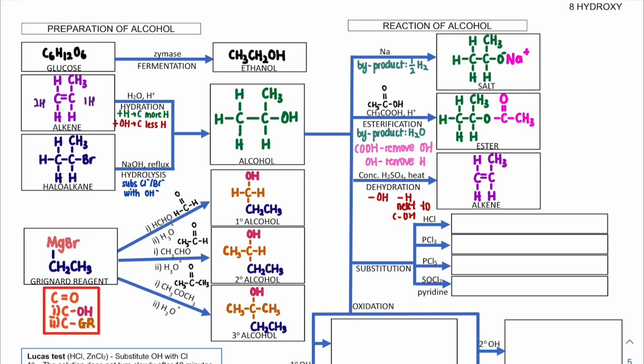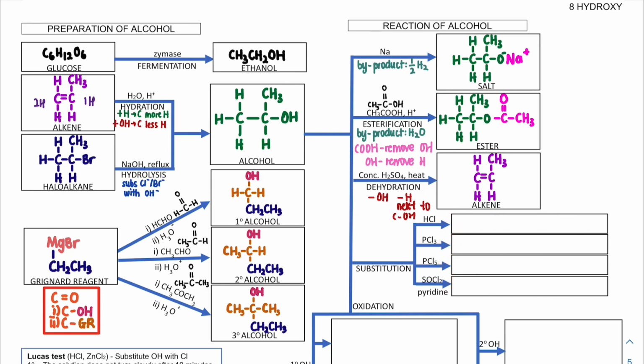Okay, so next one is the reaction with the substitution. Okay, so substitution, what happen is that we're going to substitute, again from this alcohol kan, we're going to substitute the OH with chlorine. Okay, for the substitution ni, we have 4 different reagent kita akan tengok. We have HCl, PCl3, PCl5 or SOCl2.